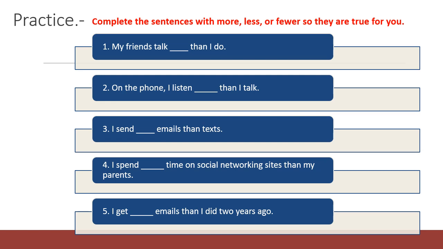And sentence number 5, I get emails than I did 2 years ago. So here you can stop the video and complete these sentences with information that is true for you, using more, less, or fewer. So when you finish, you can continue and compare with my answers.